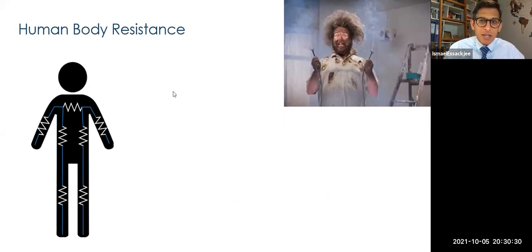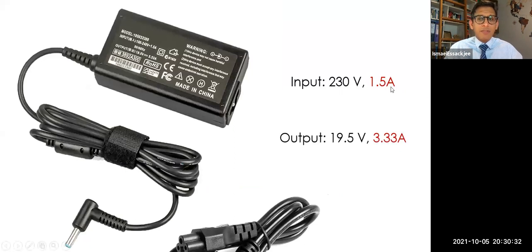When we were discussing 230 volts and 1.5 ampere, 1.5 ampere is the maximum current that it can push. It won't automatically provide this 1.5 ampere. The 230 volt is going to provide the voltage level, the potential difference, but ultimately it is the resistance in between which is going to dictate the current flowing.